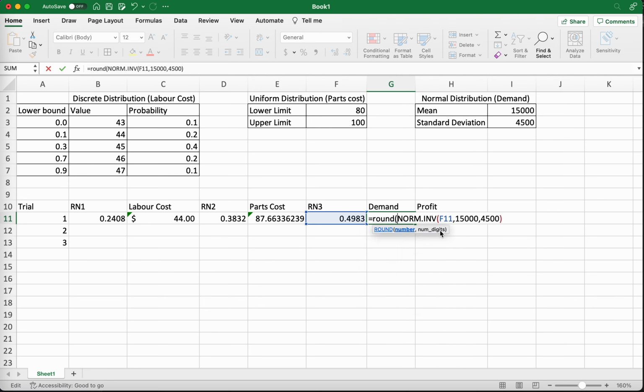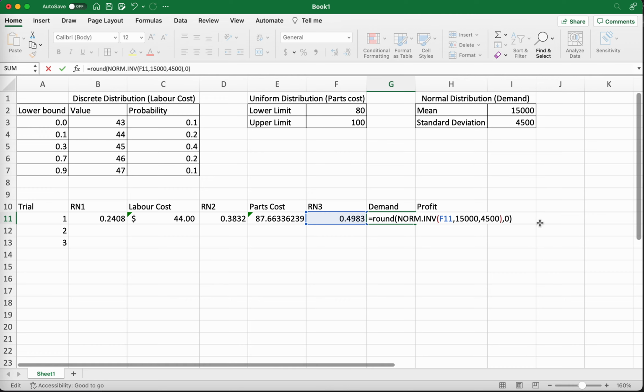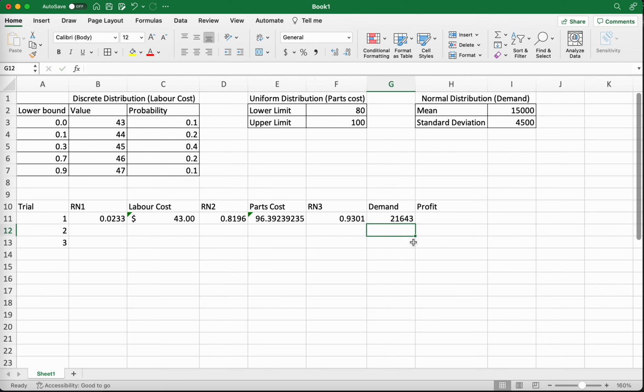What the round function does is round a number to a certain number of digits. So it will be round this formula, which will generate the demand value. I want this rounded to 0 decimal places, so round is on the outside. We generate a number from the normal distribution, then round that to 0 decimal places. And there you go. That's my demand value.